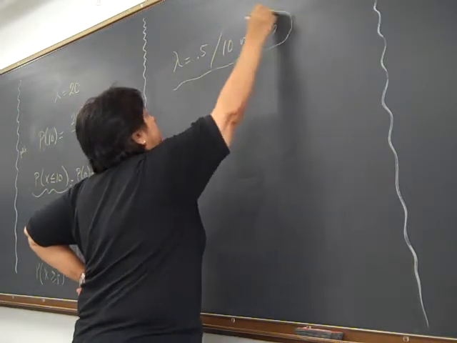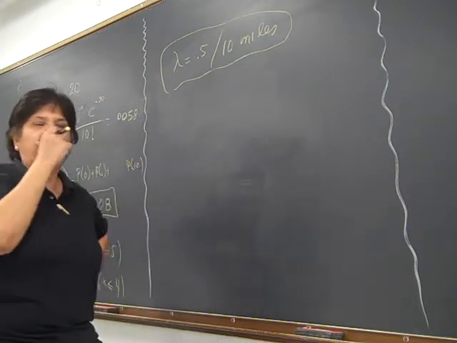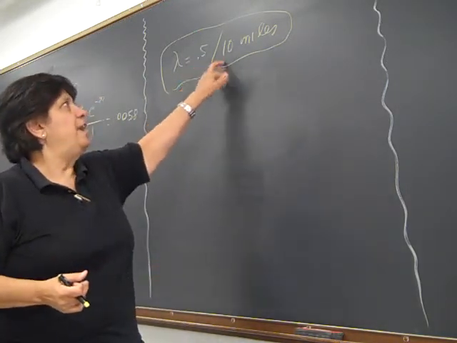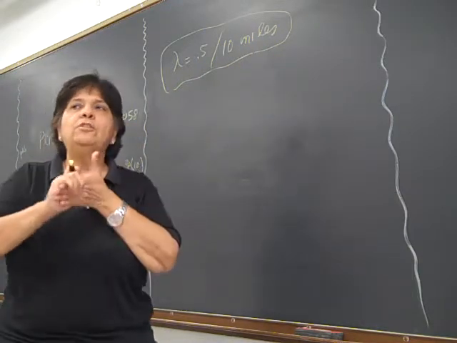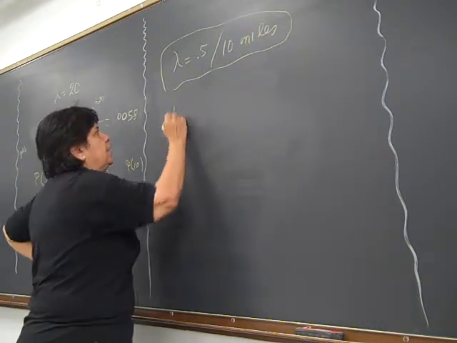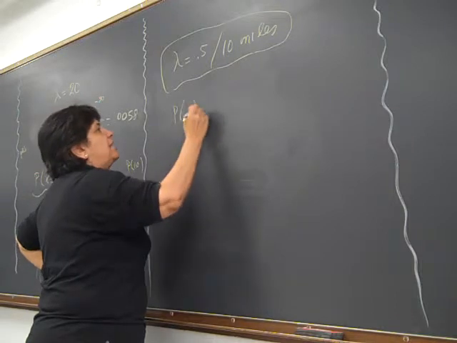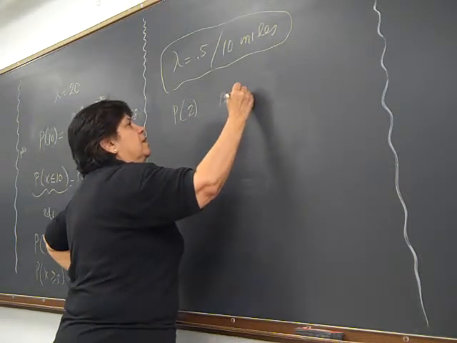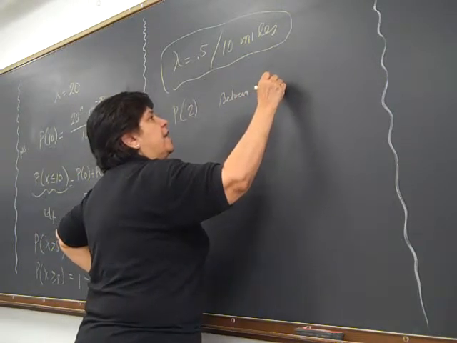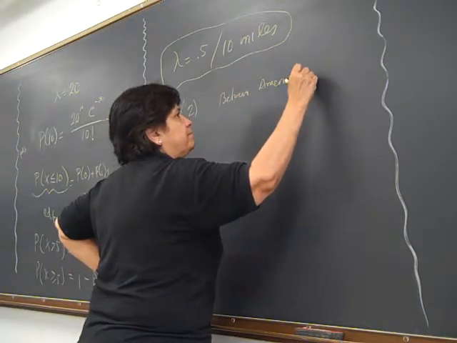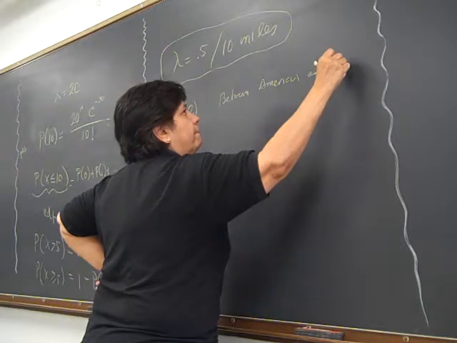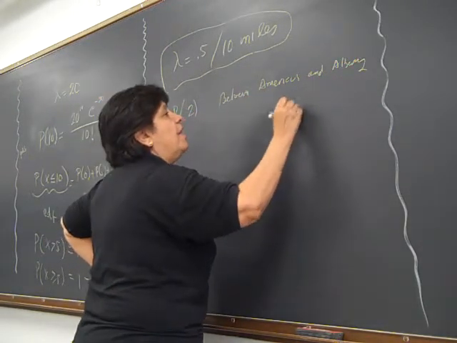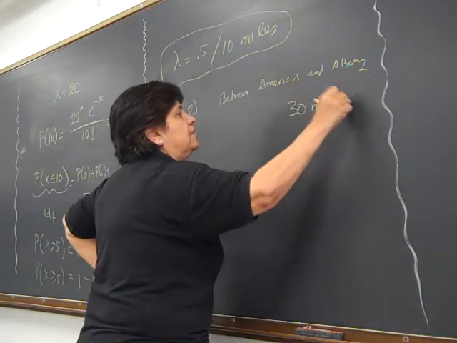This is my lambda, the mean rate of the number of gas stations every 10 miles. I want to know the probability that I find 2 gas stations between Americus and Albany. Let's assume that between Americus and Albany there are 30 miles.